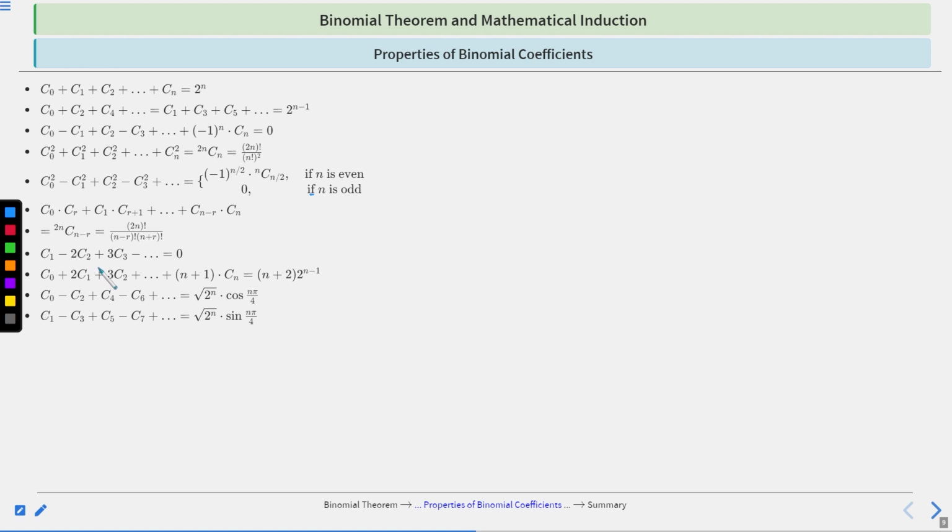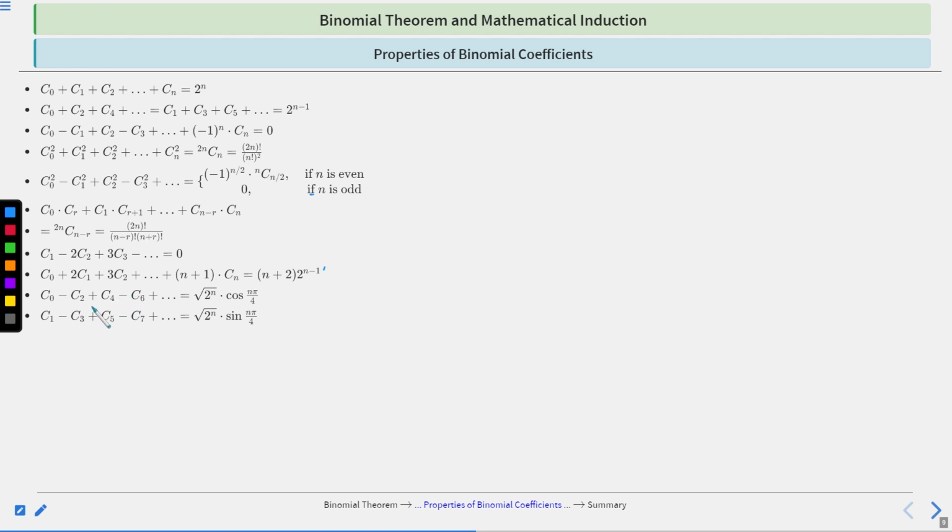Also C1 minus 2C2 plus 3C3 and so on till infinity is equal to 0. Also C0 plus 2C1 plus 3C2 till (n+1)Cn can be represented as (n+2) times 2^(n minus 1).